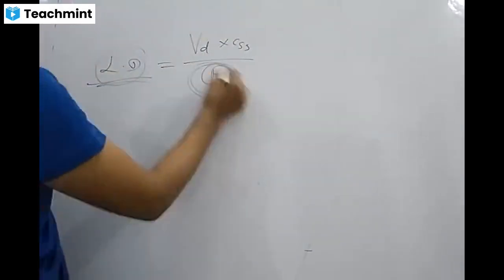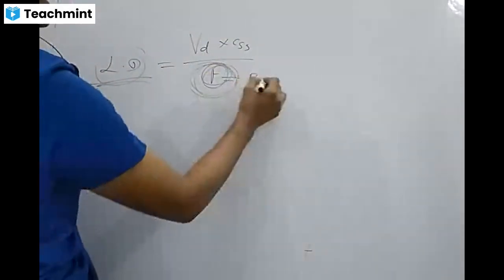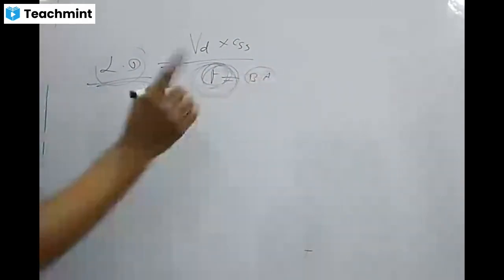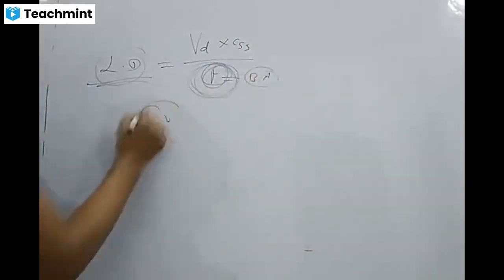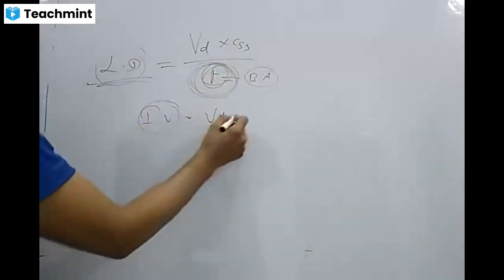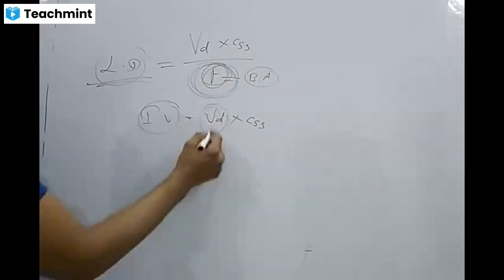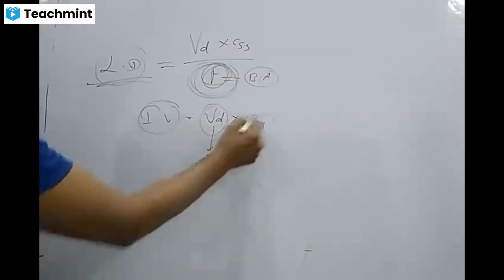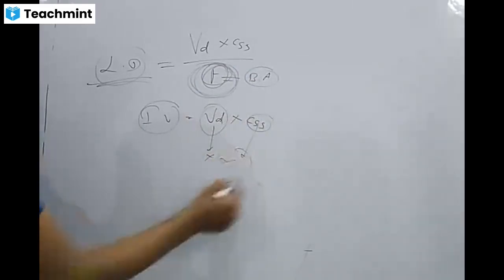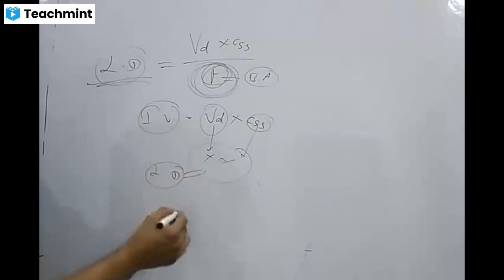Because if you give by another route, then we have to consider this F, which is nothing but bioavailability. If you are giving the drug by IV route, then we remove this F portion, and the formula becomes VD into CSS. Just multiply them and you will get the loading dose.